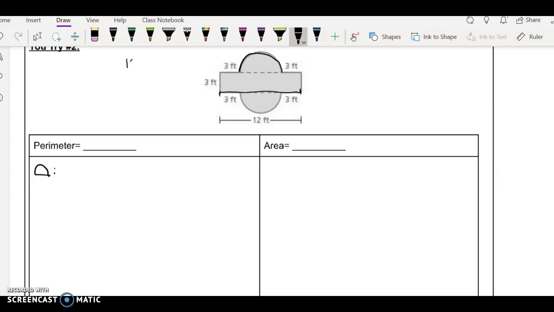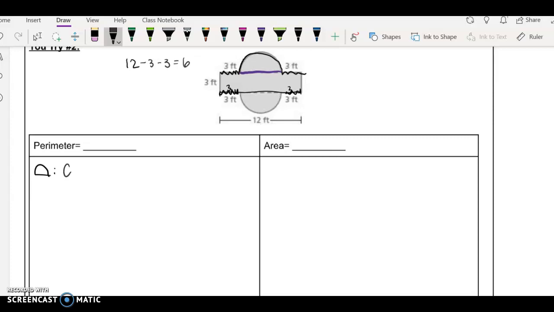So I'm going to take 12 and I'm going to subtract this 3 and I'm going to subtract this 3. So it gets rid of these sides right here, which is the same as these sides up here, leaving me with just my diameter. So 12 minus 3, and I get 6.